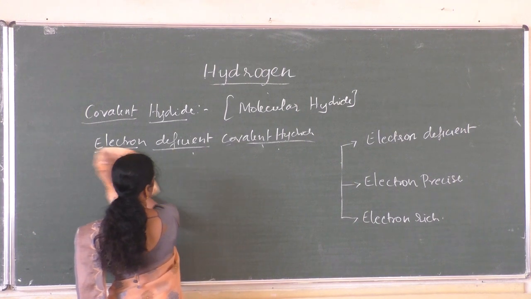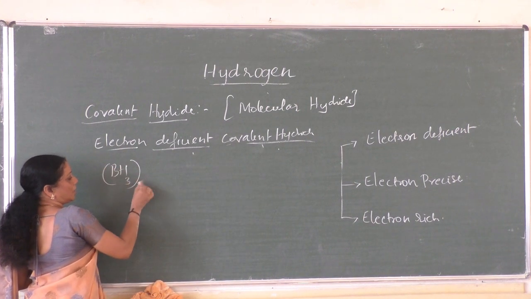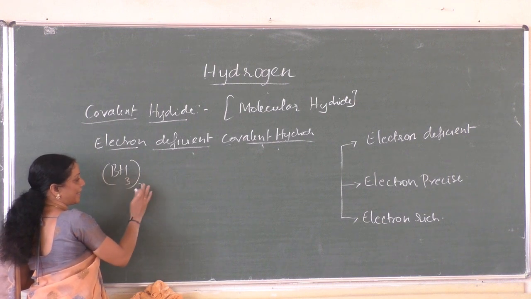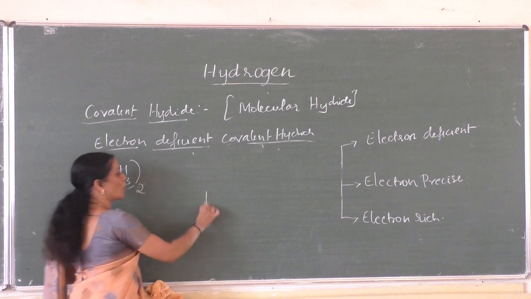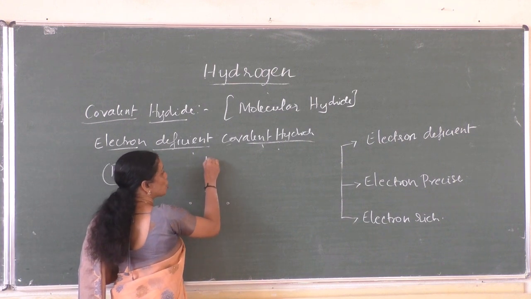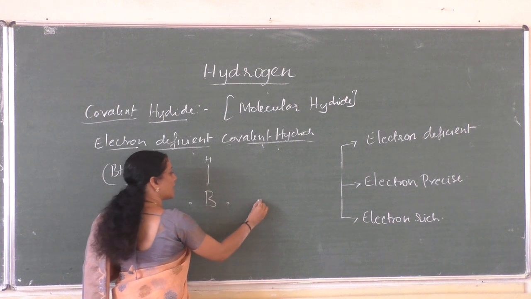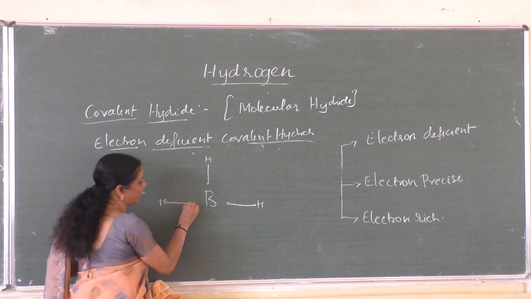Okay, we are studying the electron deficient covalent hydride. We have written here borane in the dimer form, and boron's 3 electrons in the valence shell are used for covalent bond formation with hydrogen during the formation of borane.